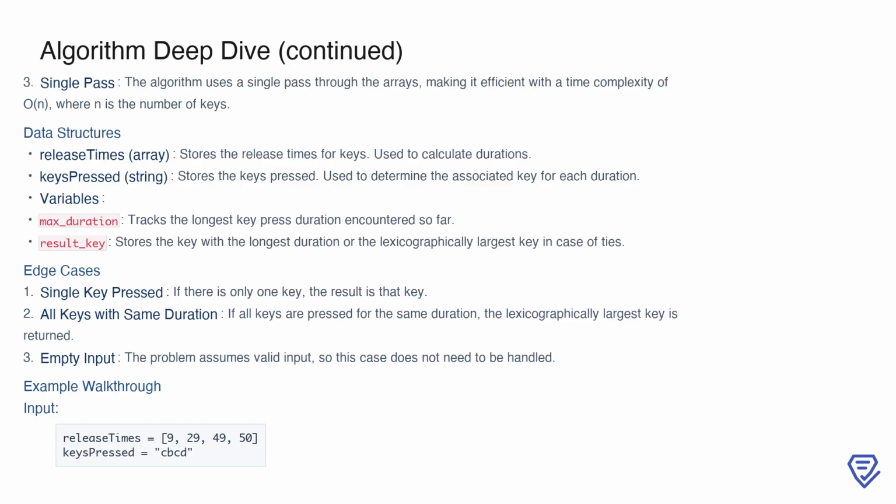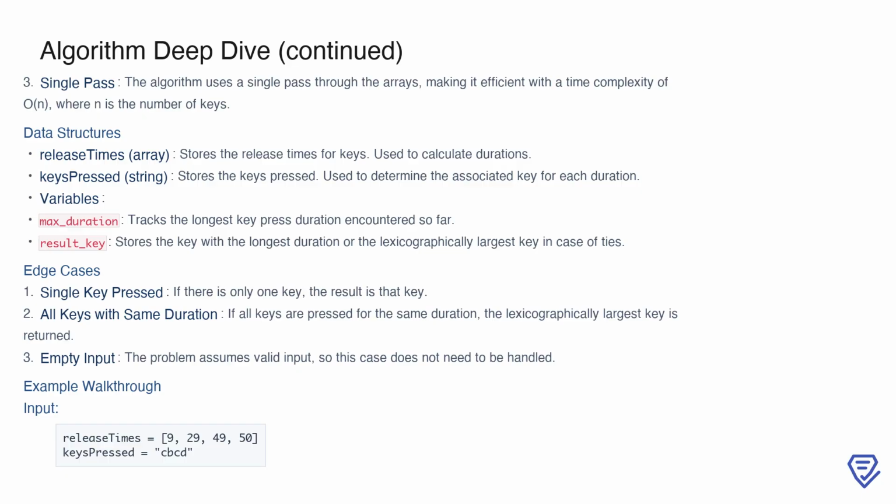It's important to handle edge cases as well. For example, if only one key is pressed, the result is straightforwardly that key. If multiple keys are pressed for the same duration, the lexicographical comparison ensures we choose the largest key. Lastly, the problem assumes valid input, so we don't need to worry about empty arrays or strings.